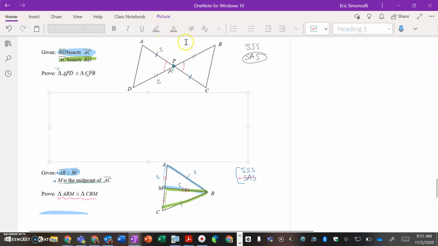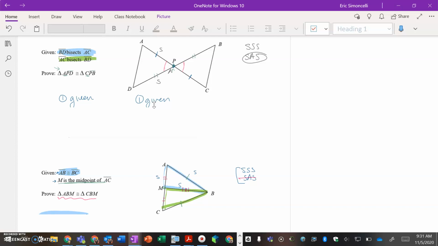All these things should be marked up before you even begin the proof. And I would argue you already also know that you are going to use side angle side as your final reason to prove that the two triangles are congruent. This particular proof looks to be more of a flow proof. The given, you don't have to write it out. Just write given. Again, two column proofs using the statement and the reason are what we've primarily done.